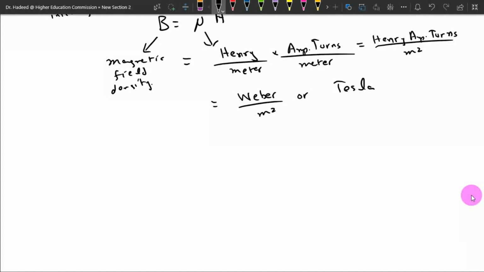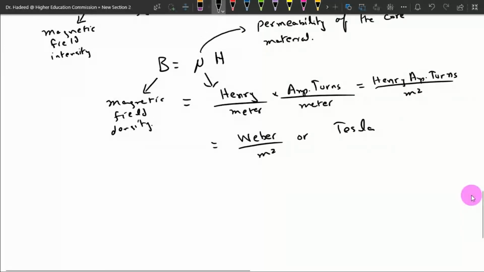So whenever we design an electrical machine and need to select a core with high permeability, we refer to it with respect to a reference value, which is the permeability of free space.